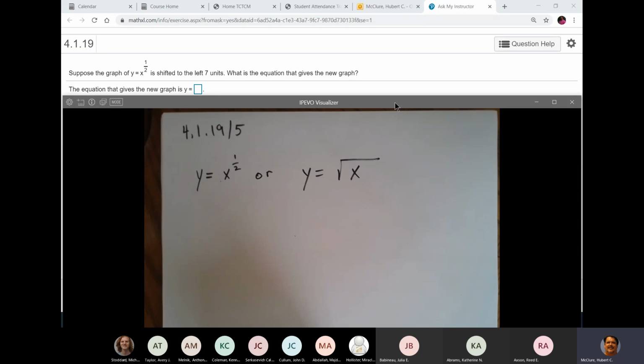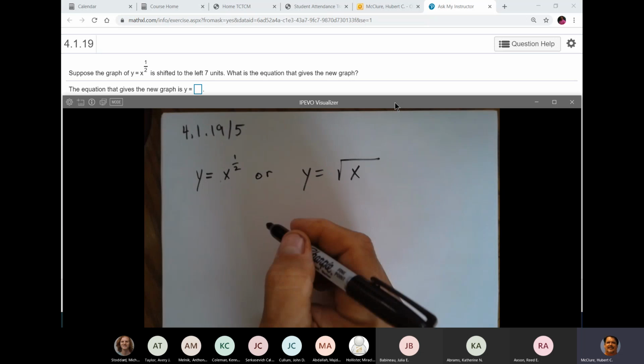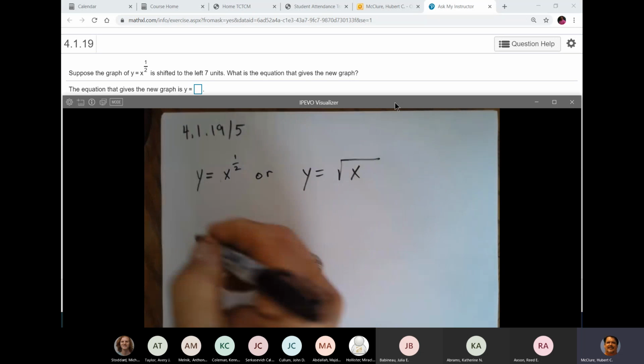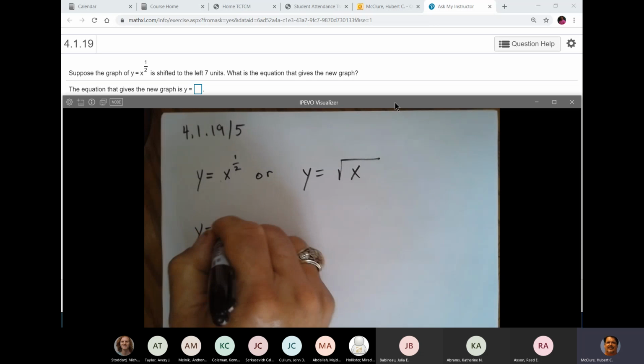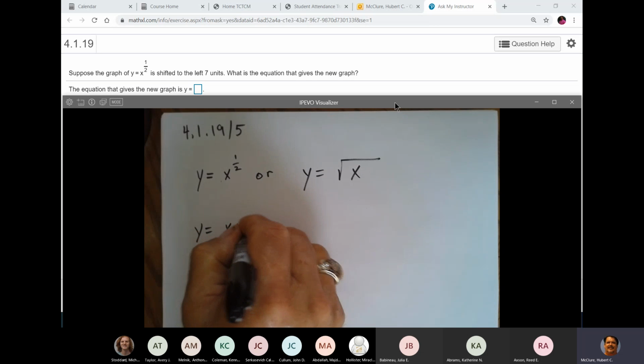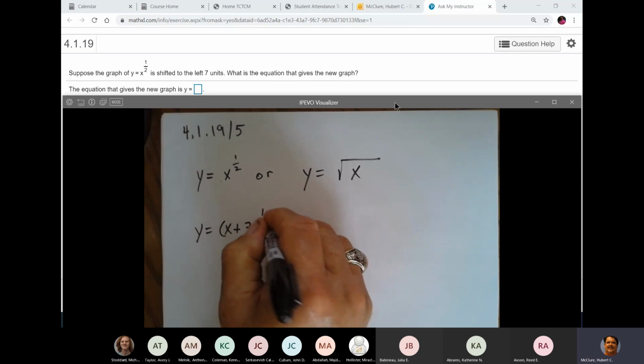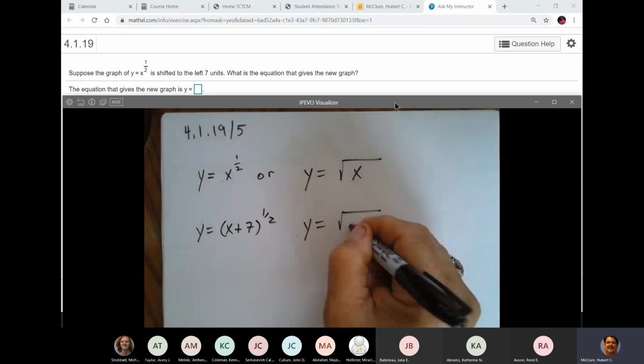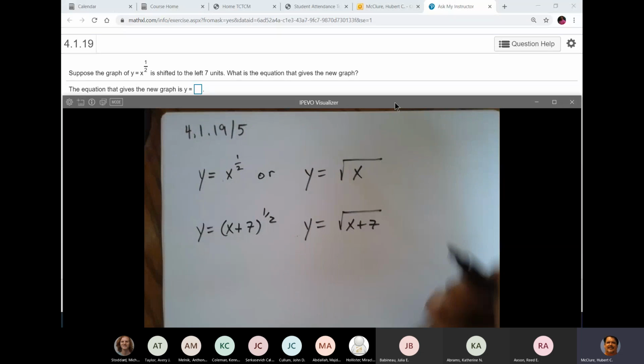We know that 7 units to the left would be a positive. So you could either write this as y is equal to x plus 7 to the 1/2, or y is equal to the square root of x plus 7.